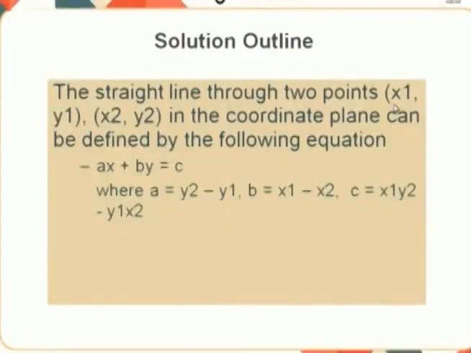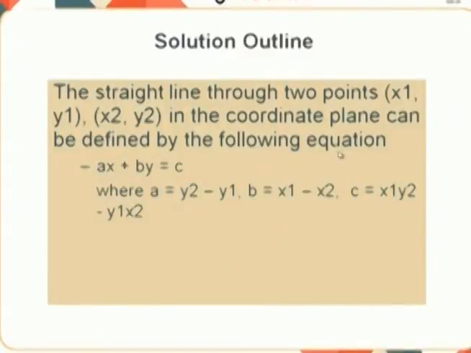So, in short, formally if two points are given whose coordinates are (x1, y1) and (x2, y2), then you know very well this is the line equation. The line in the coordinate plane can be defined by the equation ax + by = c, where a is y2 minus y1, b is x1 minus x2, and c is x1 y2 minus y1 x2.